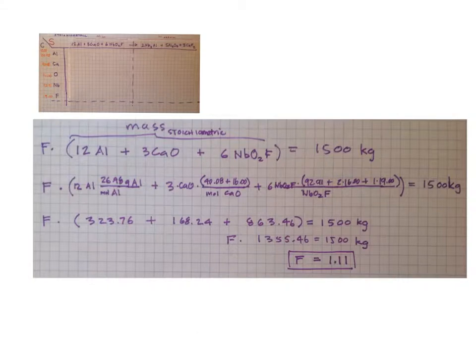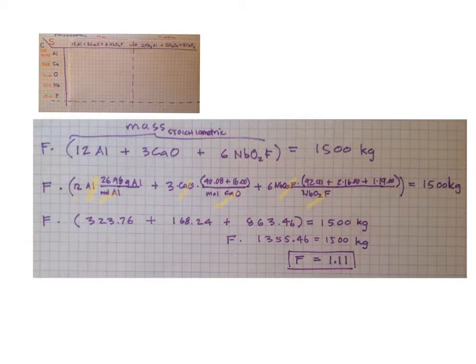What I have here is I've written down some factor times the mass of the stoichiometric reactants equals 1,500 kilograms. If I convert each one of those to the mass that it corresponds to, we've got 12 times aluminum, and one mole of aluminum is 26.9 grams, and then we use calcium to convert to the mass of 1 mole of calcium.